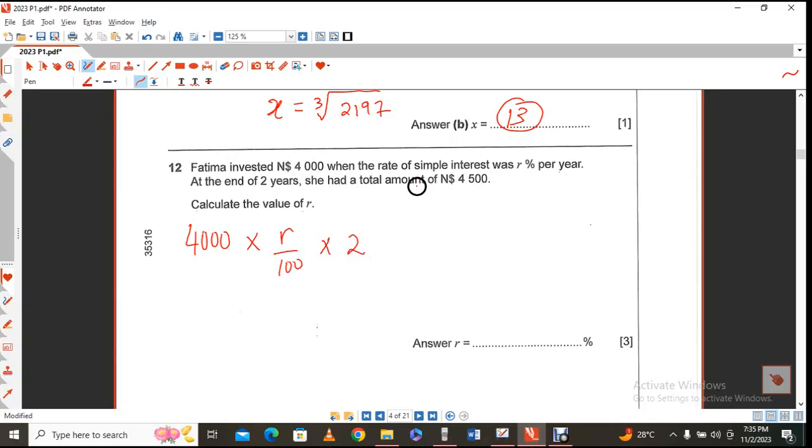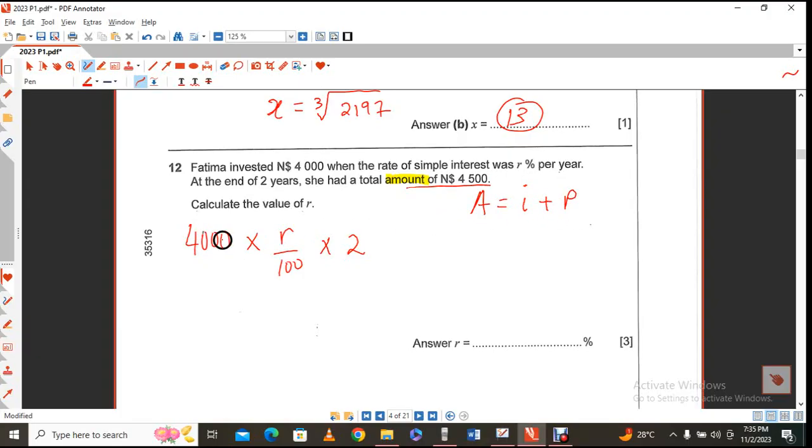Now, this is the amount, and the word amount is where I need to put my emphasis. The amount is going to be the interest plus the investment, which we call the principal.